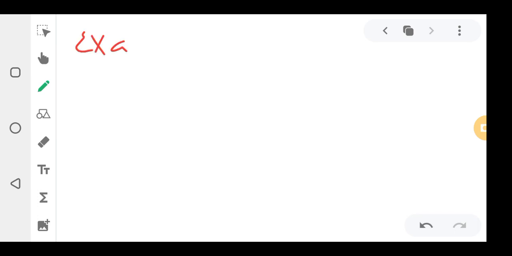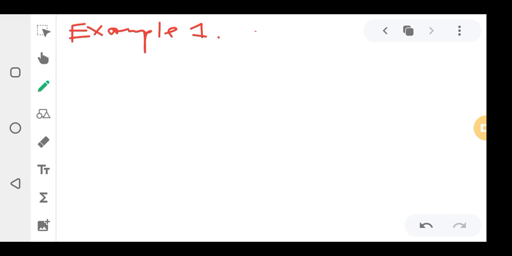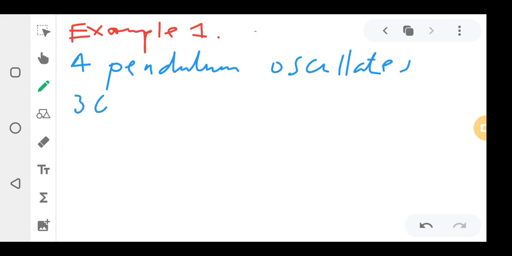Let me say this is example 1. A question can come where they ask you something like, a pendulum oscillates 30 times in 6 seconds.